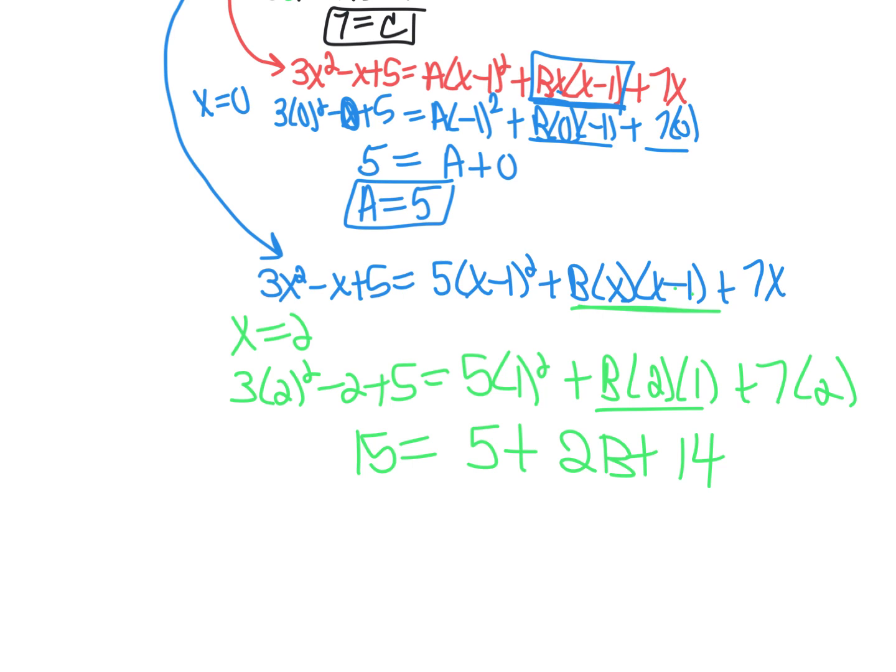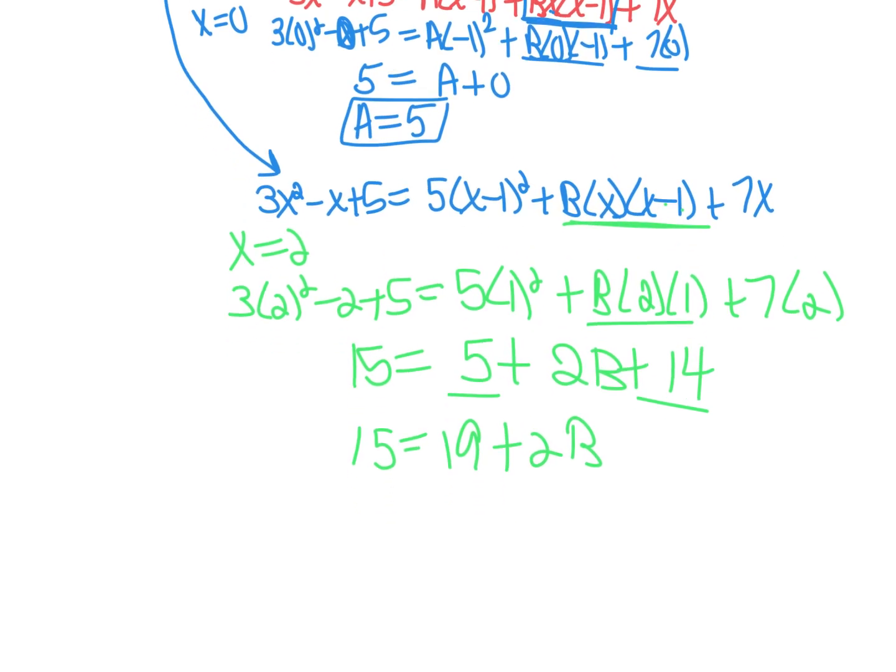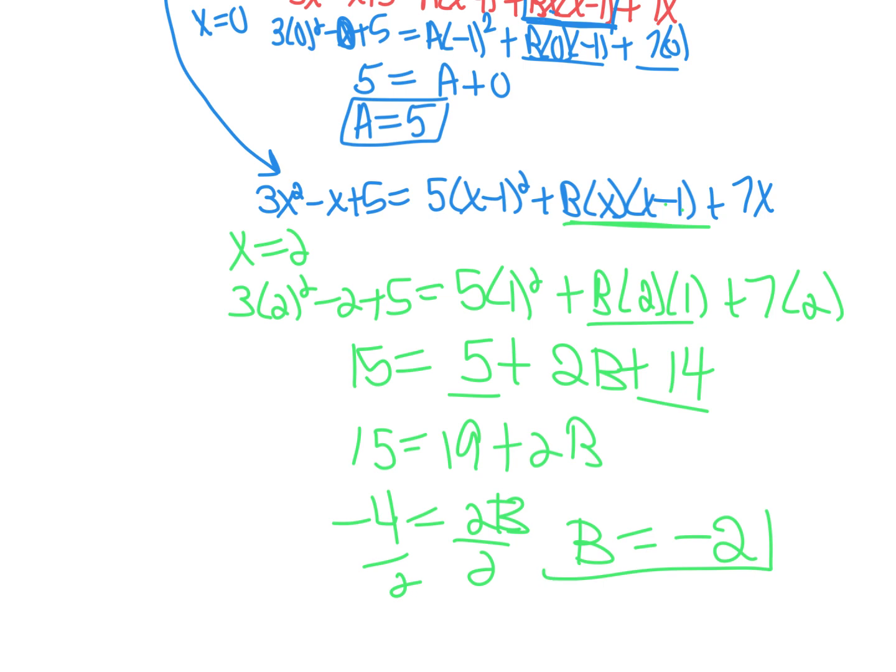If I combine my like terms, 15 equals 19 plus 2b. If I subtract 19 from both sides, I get negative 4 equals 2b. And if I divide both sides by 2, I get that b equals negative 2.